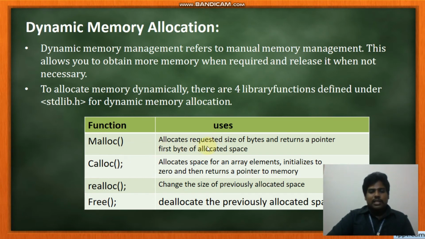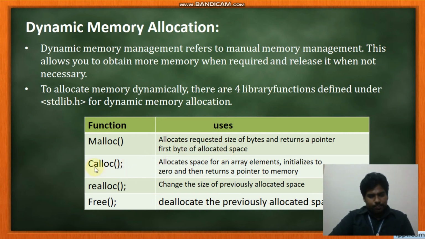If you give the size as 100, 100 bytes of memory will be allocated, like an array, and the starting position of the memory is assigned to the pointer. That is, it allocates the required number of bytes and returns a pointer. The first byte, the base address, the starting position address will be given to the pointer. That is malloc.